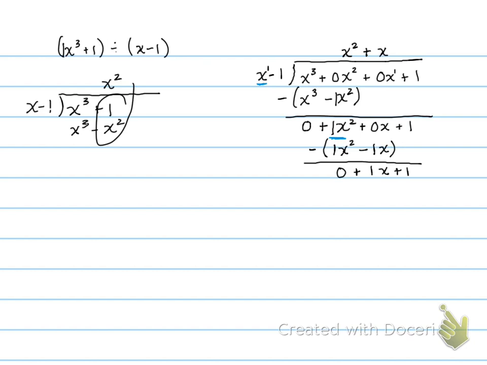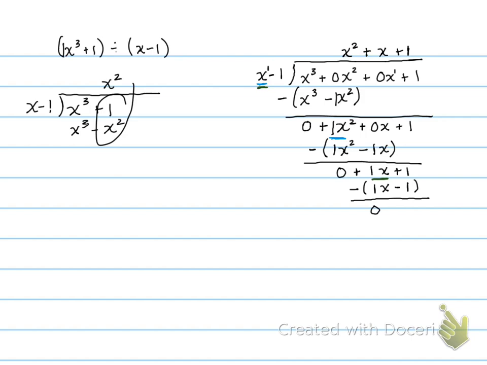Then what do I have to multiply x by to get 1x? Just 1, yeah. So plus 1. So we get 1x minus 1 in parentheses, subtract. That gives me 0 here.